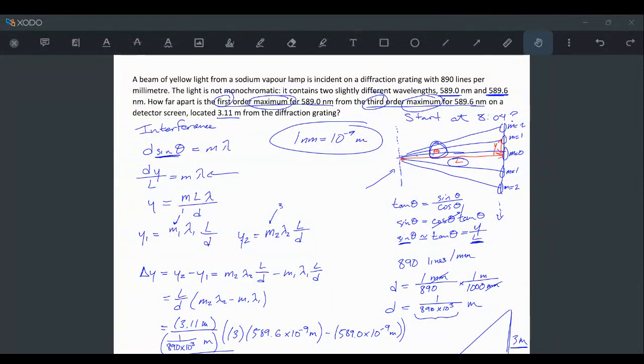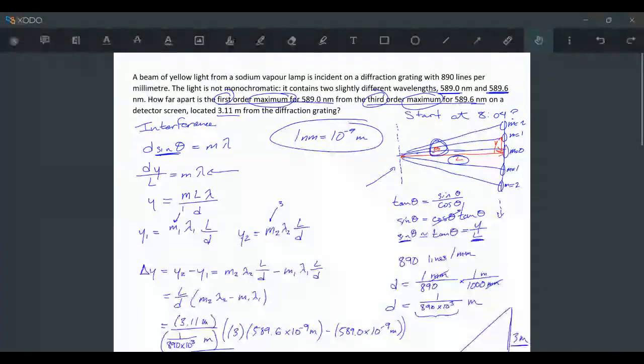Oh, using only that. One way you could do it, which is more complicated but maybe a little more accurate, is d sine theta equals m lambda, but do we know what y and L are?